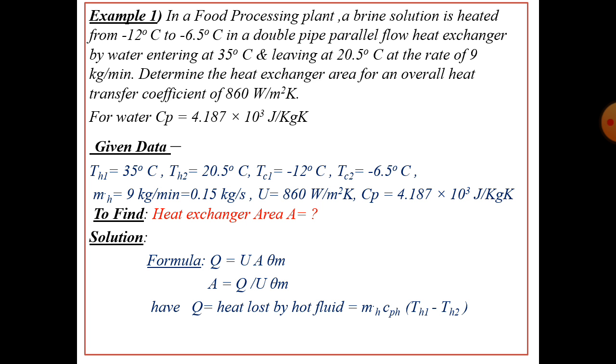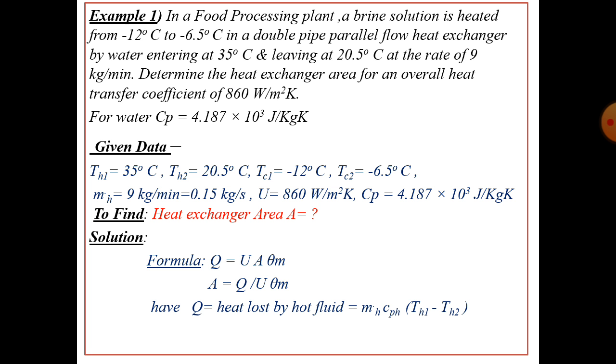In order to find the heat exchanger area, we need Q, U, and theta m. U is already given as 860 watt per meter square Kelvin, so no need to find it. Q and theta m are not given directly, so we need to find them.